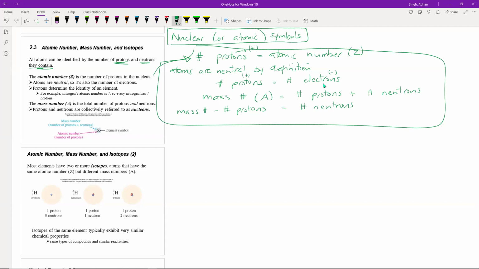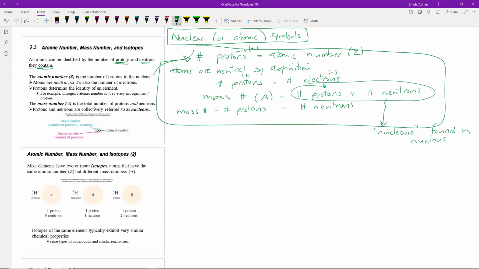We can calculate the others. So the protons and the neutrons, because they are found in the nucleus, sometimes these are collectively known as the nucleons. We don't see that as often, but you might see it here or there. So that's what it means.